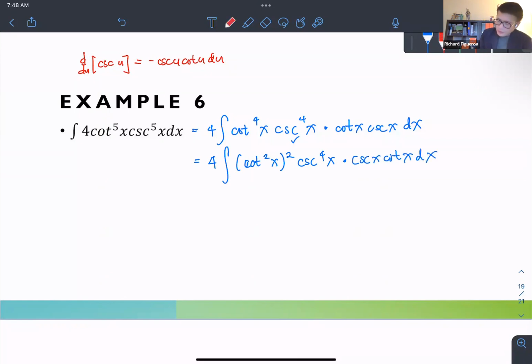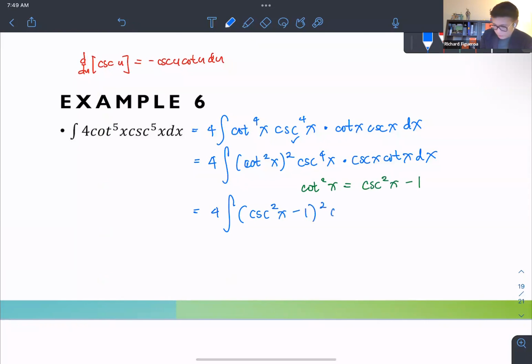And then, so we have the identity for cotangent squared x, that is cosecant squared x minus 1. And that is what we will be doing here. So we replace the cotangent squared with cosecant squared x minus 1.